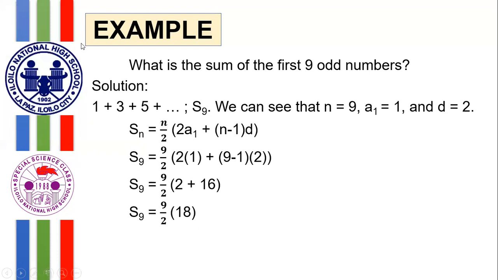And what others do is that they multiply 9 and 18 first before dividing by 2. That's okay. But if you wish to be fast, you could divide 18 by 2 first. So 18 divided by 2, that's 9. Then multiply that to your numerator. 9 times 9, which is 81. So I'm sure the sum here is 81. And if you did, great job.